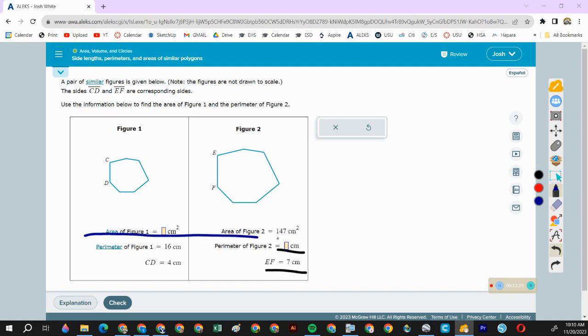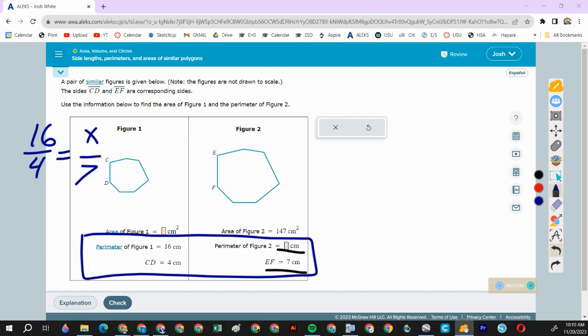So these are proportional because they're both listed in centimeters, one-dimensional measurements. So 16 over 4 is equal to x over 7. So that is 4 equals x over 7. Cross multiply, 28 equals x. So this is 28. Okay.